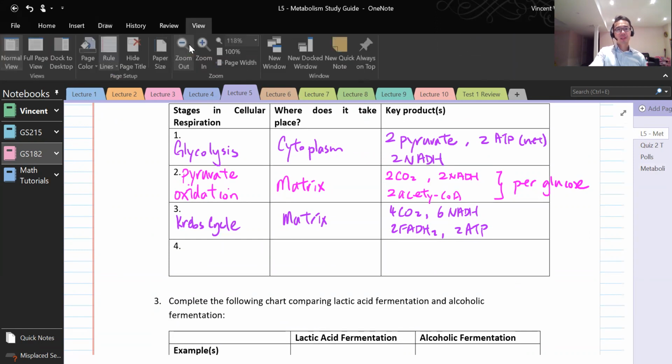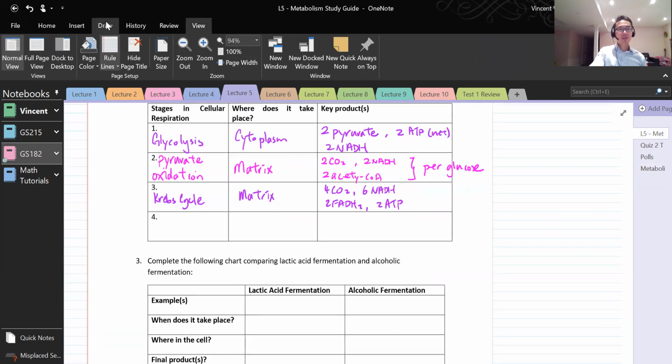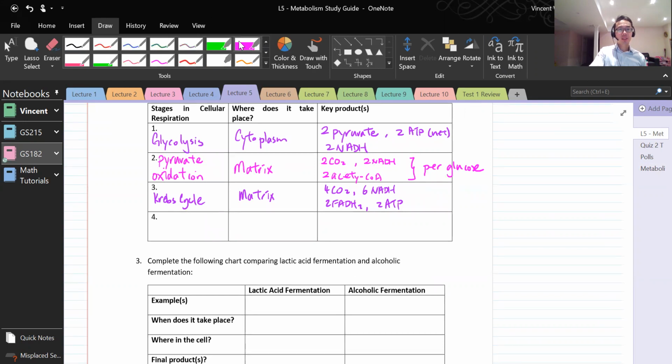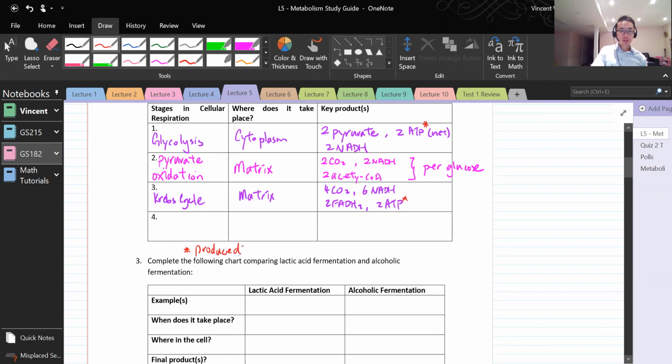So these ATPs, I'm going to put an asterisk here. These ATPs right here are produced through substrate level phosphorylation.